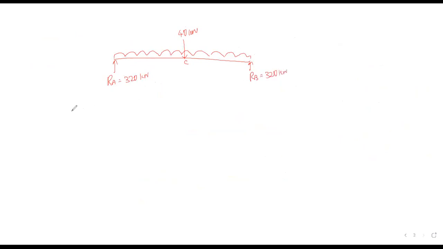Now we have to calculate the moment at C. The maximum moment MC is equal to RA into 5 meter minus 60 into 5 into 5 by 2, with respect to point C. RA is equal to 320, so 320 into 5 minus 60 into 5 into 5 by 2, which becomes 750.